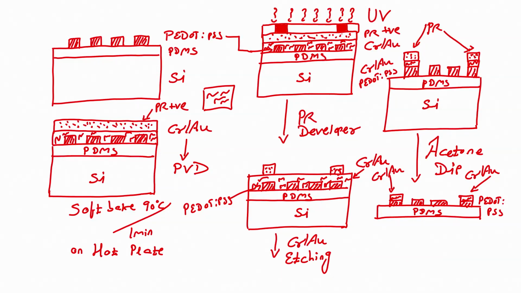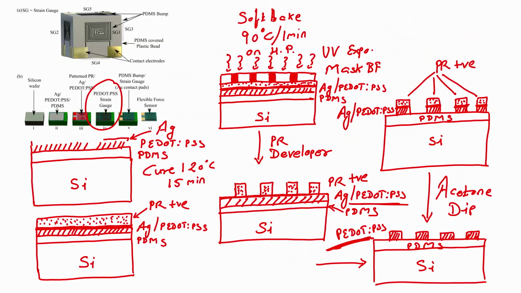You will have PDMS with strain gauge, and on the contact of the strain gauge you have chrome gold. So, what will we have? We will have this particular structure, just the bump is not there, the bump is not there.